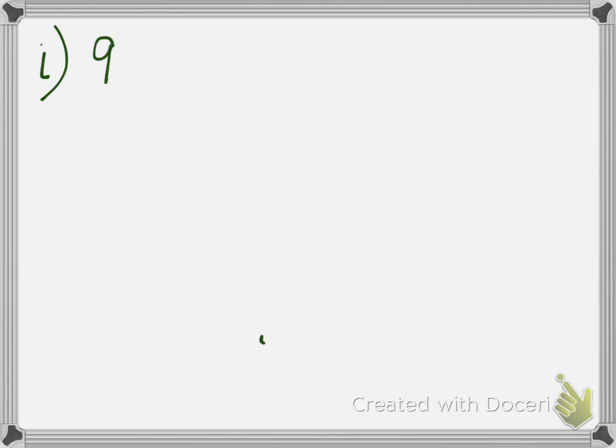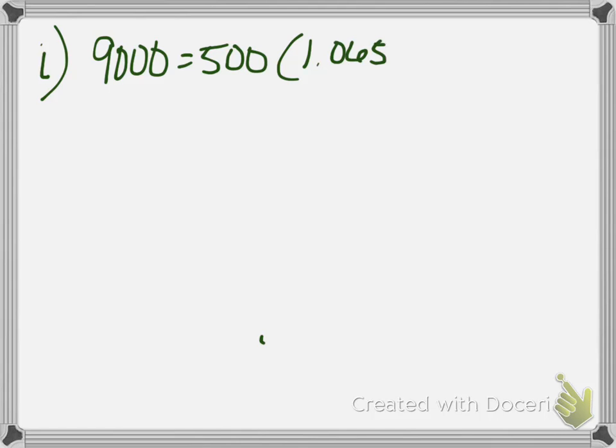Okay, moving on to I. I says 9,000 equals 500 times 1.065 to the x power. This looks like it could be a problem involving rates, where we invest $500. When do you get $9,000 at a rate of 6.5%? Go through and solve. Divide by 500.